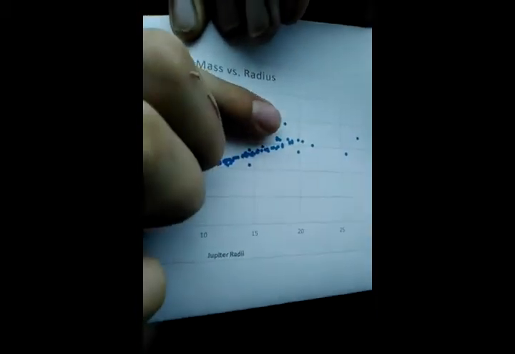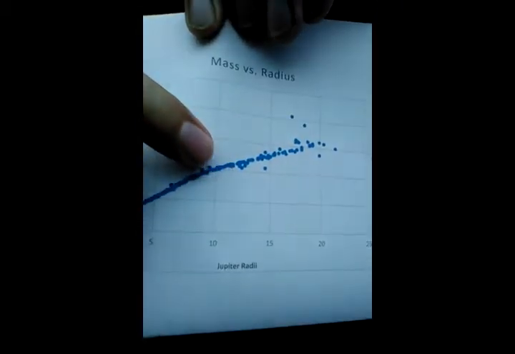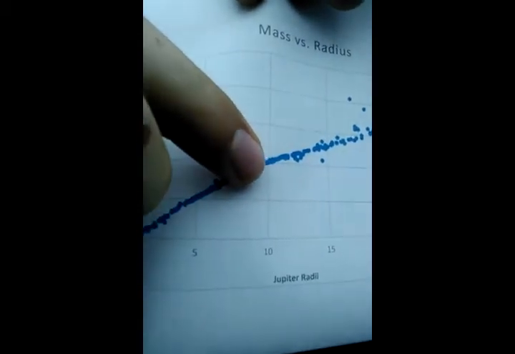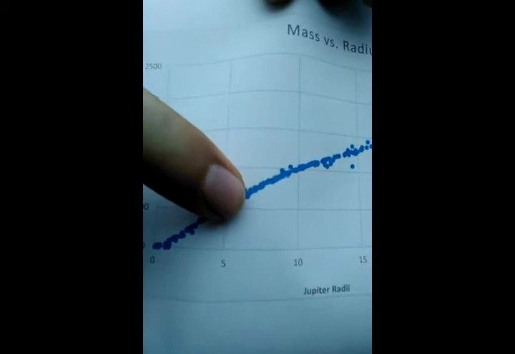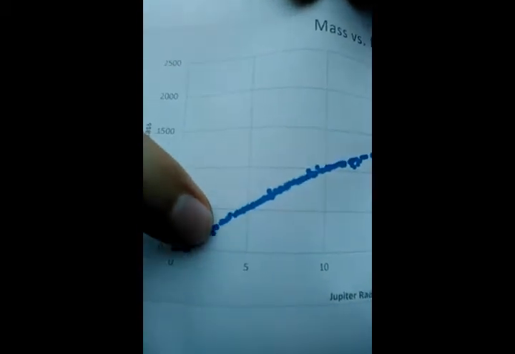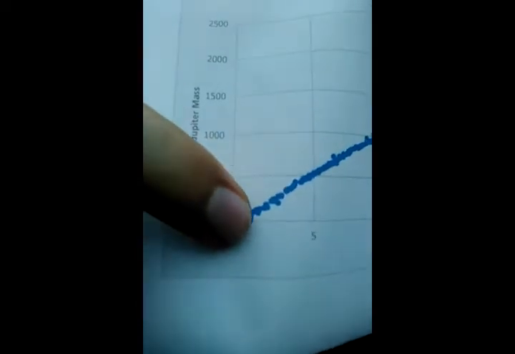And then the younger, hotter suns that are bigger and more massive go up this direction. And then as you move down, these would be orange dwarfs and red dwarfs all down here, and then brown dwarfs. And basically the majority of the planets are down in this general area right here.